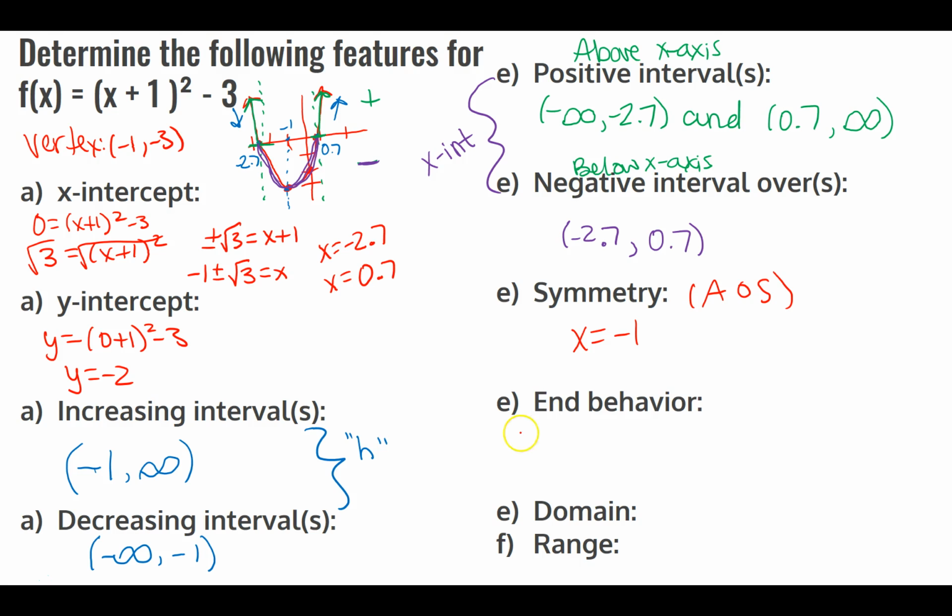Okay, end behavior. So I told you I would give you this much. So let me show you. So, as x approaches positive infinity and negative infinity, my y is going... Okay, so this is how much I'm going to give you, and you have to fill in the end.